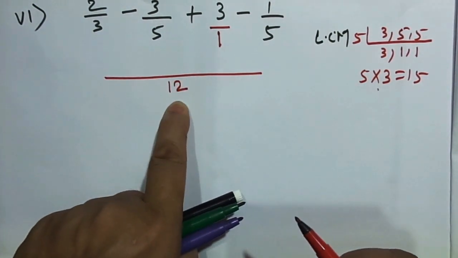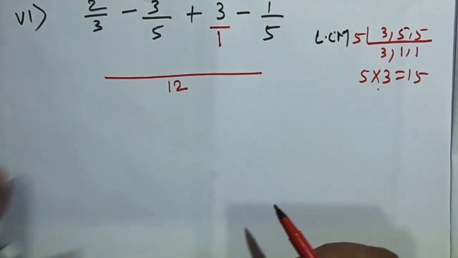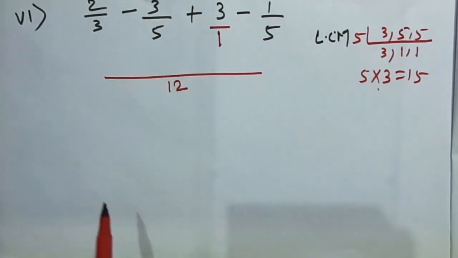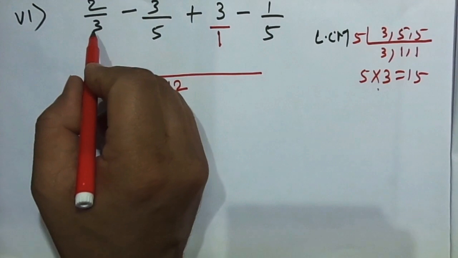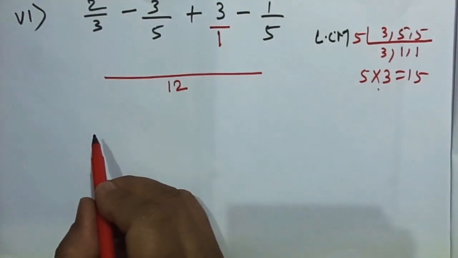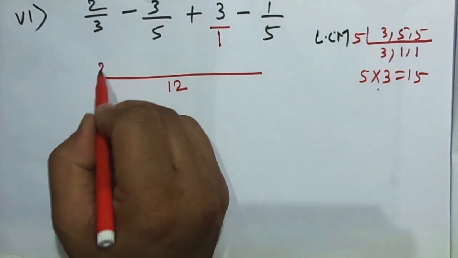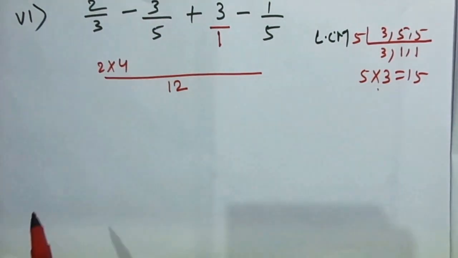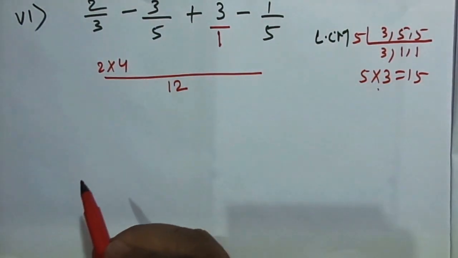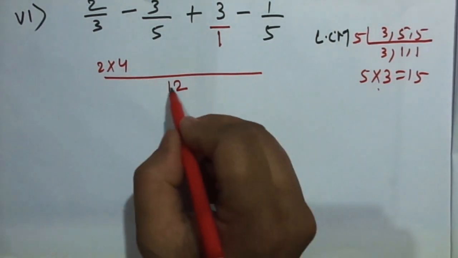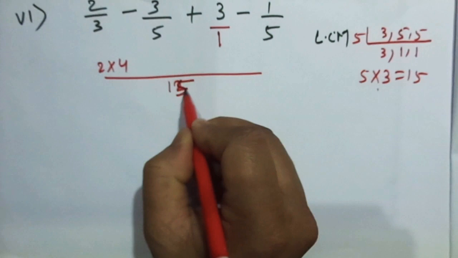Every time I will divide the LCM by the denominator, and whatever I get, I will multiply with the numerator. So 15 divided by 3 is equal to how much? 3 4 times. Therefore, 2 times 4. Isn't it? Now, sorry, it will be 15 over there, my dear.